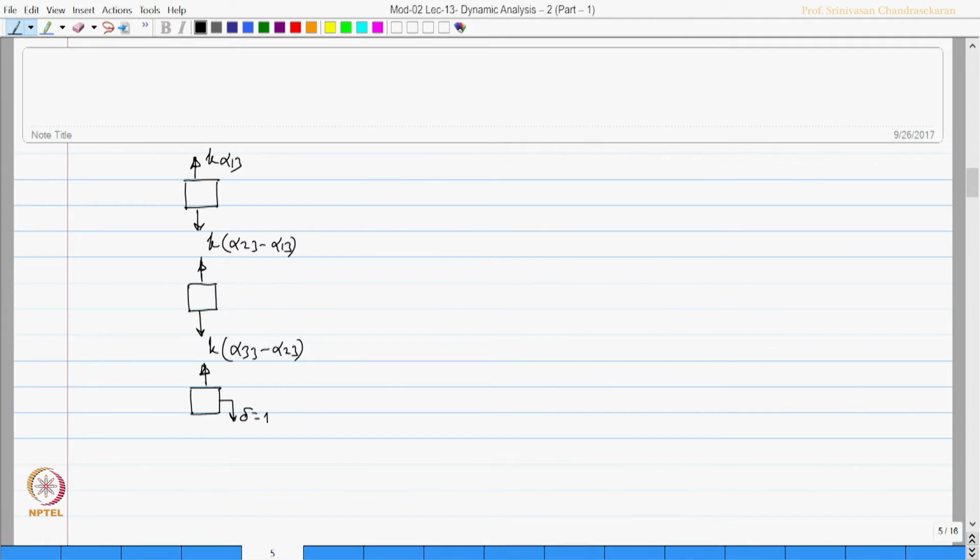So, writing the equations of equilibrium, 1 is equal to k times of alpha 3 3 minus 2 3, and k times of alpha 2 3 minus 1 3 is k times of alpha 3 3 minus 2 3, k times of alpha 1 3 will be k times of alpha 2 3 minus 1 3.